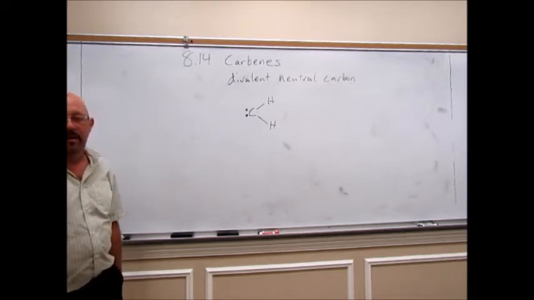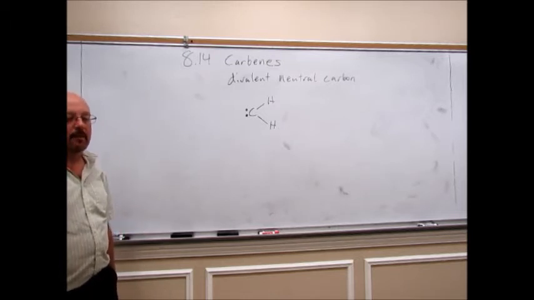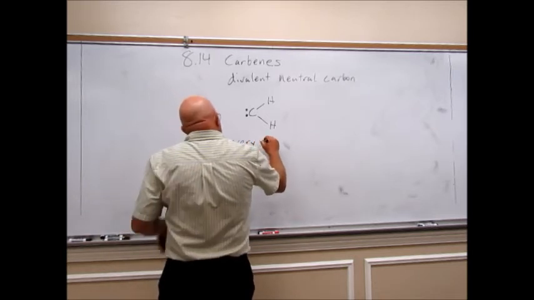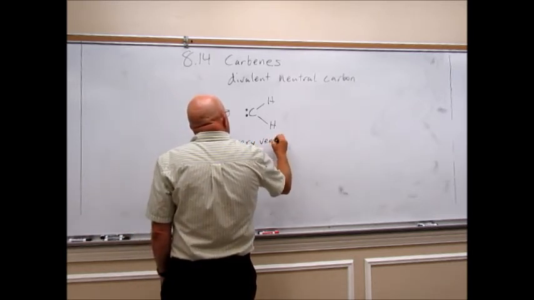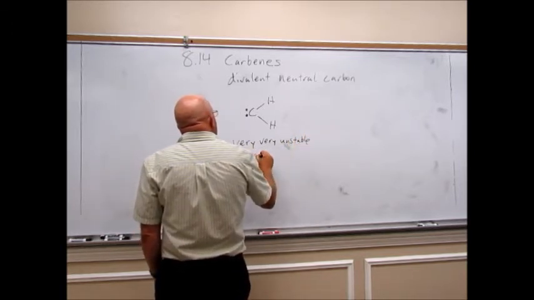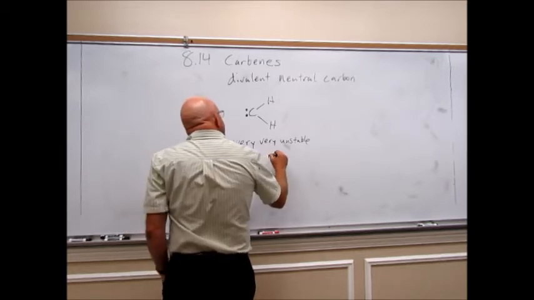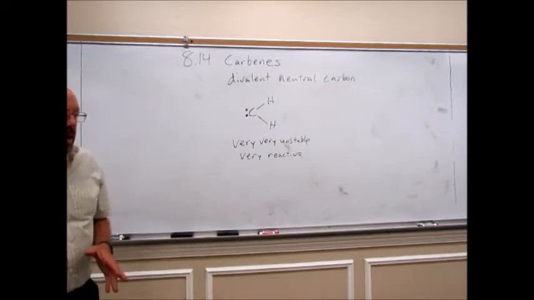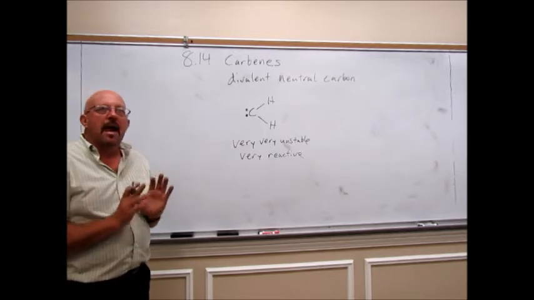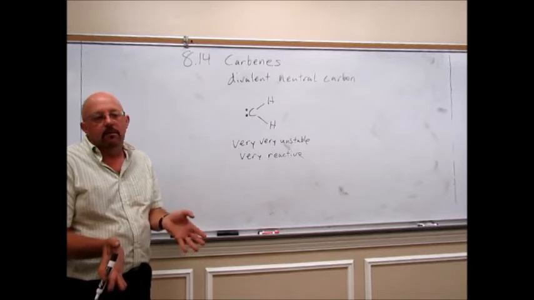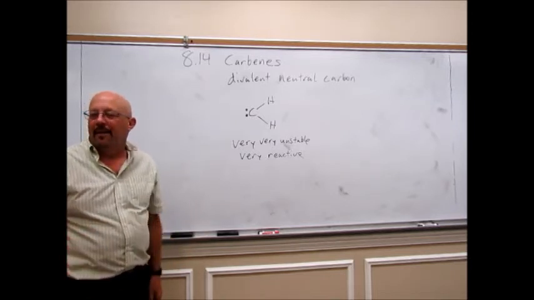Now, we know carbon wants to be tetravalent. So as you can imagine, this is a very, very unstable species. It's very reactive. You are not going to be able to make a carbene and filter it out, weigh it, put it in a bottle, and keep it.